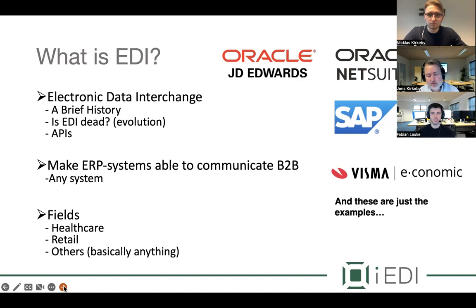So EDI has been used in various years and by various businesses, like in healthcare, retail business, and basically anywhere where EDI gives benefits, saving time, and today time is money.